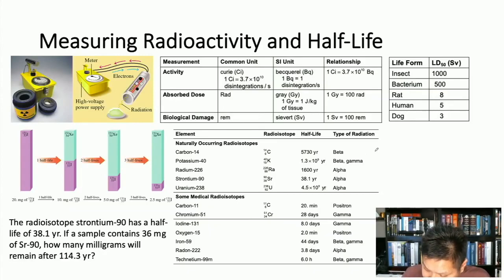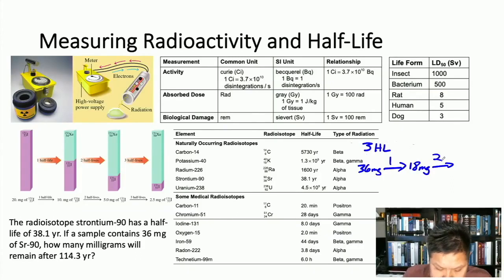So just to remind us, we need to remember that we're going for 3 half-lives. We're starting out with 36 milligrams. After one half-life, it becomes 18 milligrams. And after the second half-life, it becomes 9 milligrams.